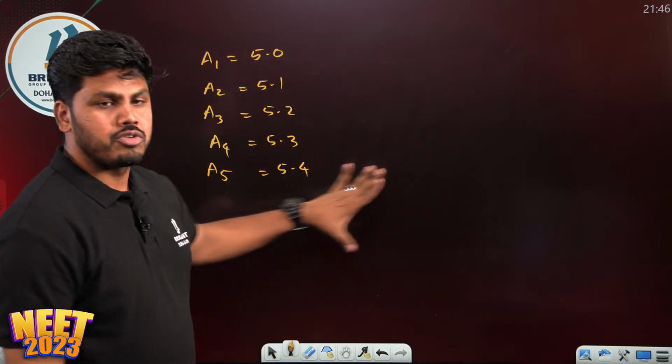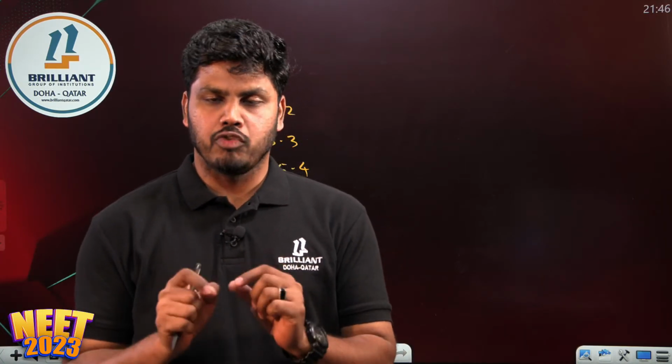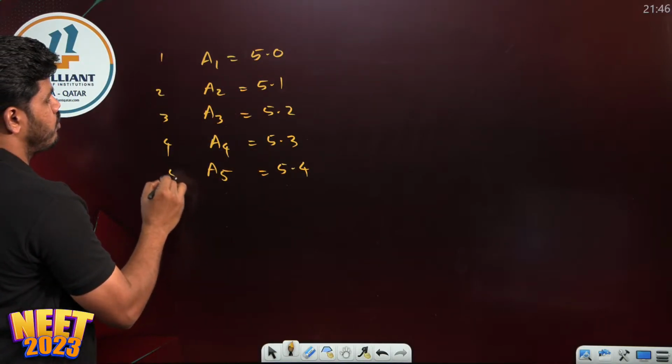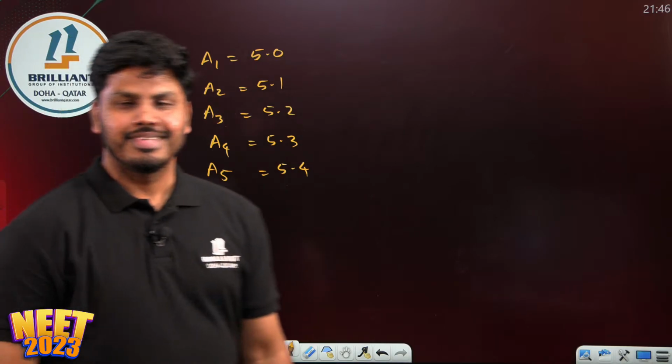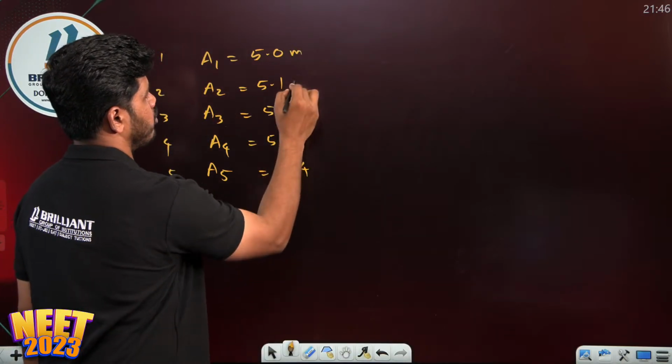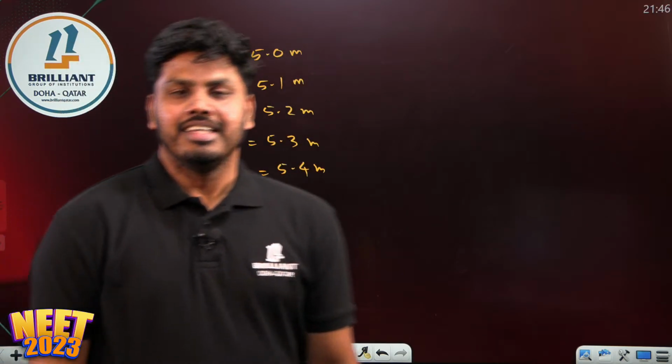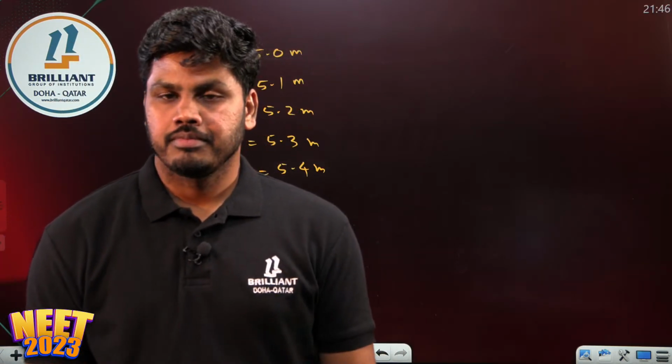These are the measurements of the length of something, a board, for example. The length of the board is measured 5 times. How many measurements? 1, 2, 3, 4, 5 measurements are given. Suppose it is in meters. These are the measured values.